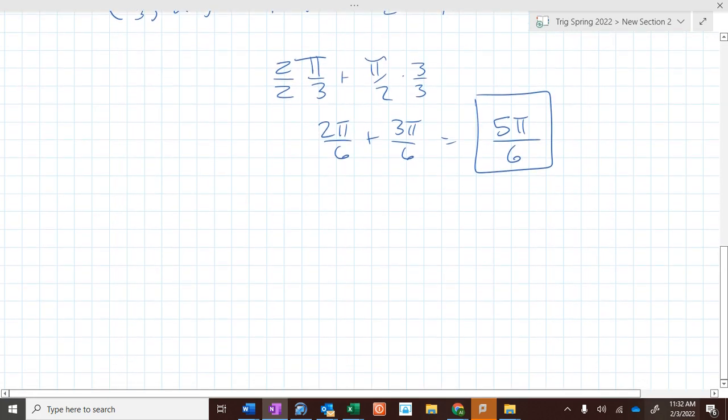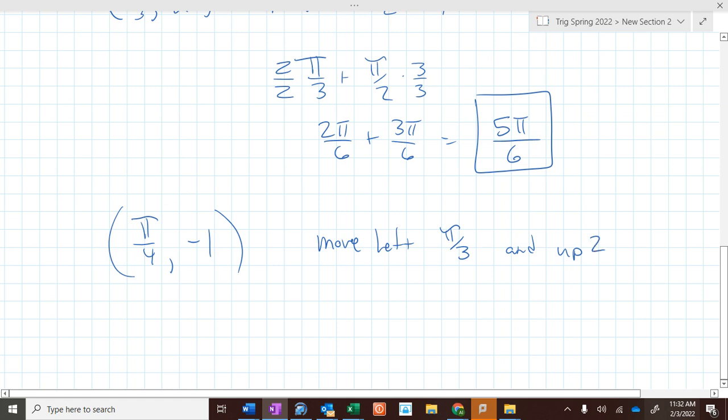Let's say we're at the point pi over 4, negative 1, and we're moving left pi over 3 and up 2. If you're moving left, what should you do with your pi over 4? Subtract your pi over 3.